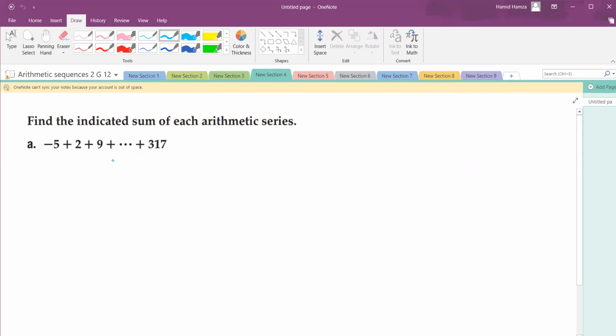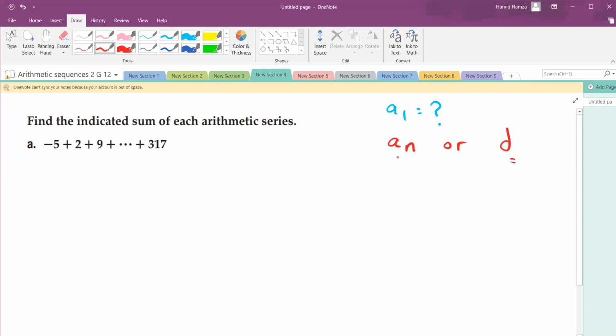To find the sum, we need to know the first term, which must be given, and either the last term or the common difference.